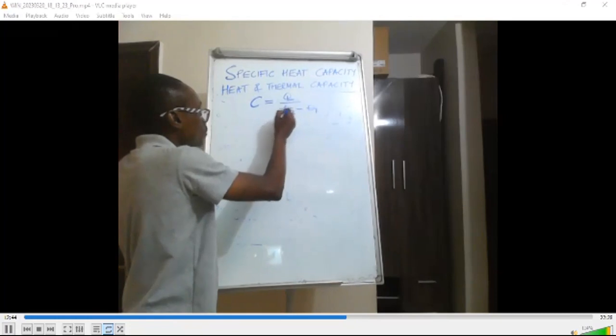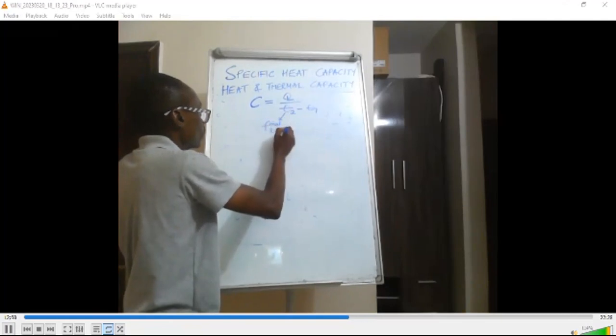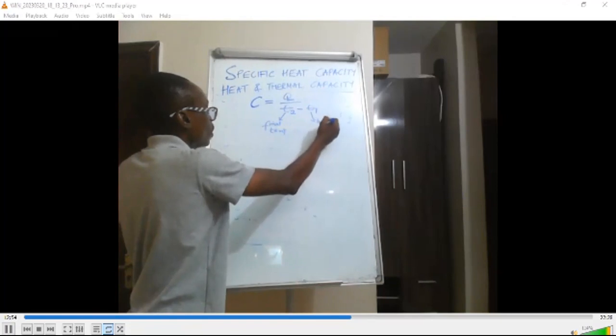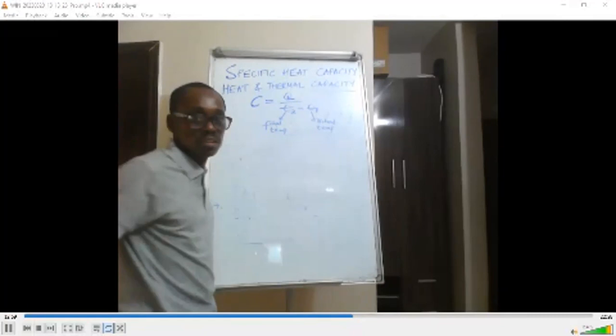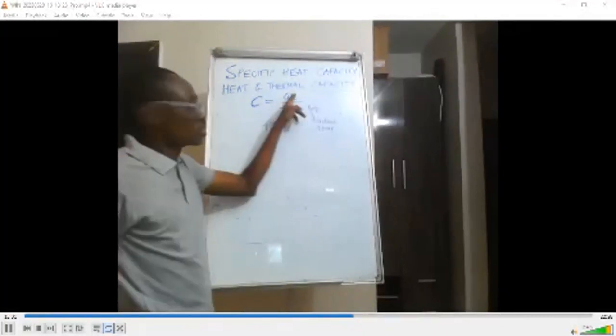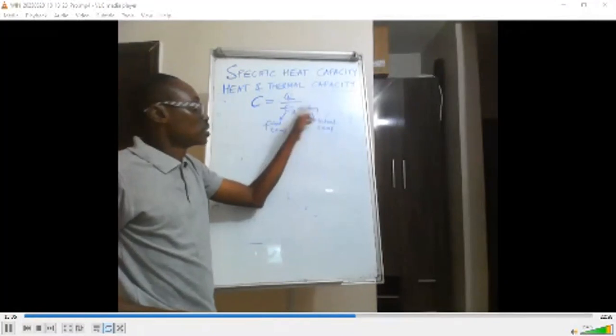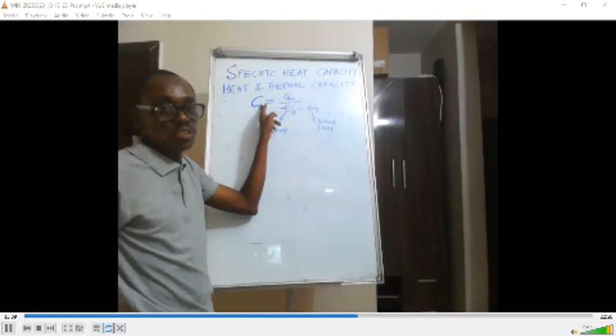Theta 2 is the final temperature, while theta 1 is the initial temperature. So the quantity of heat supplied to that body, divided by the final temperature minus the initial temperature, gives you the heat capacity of that body.